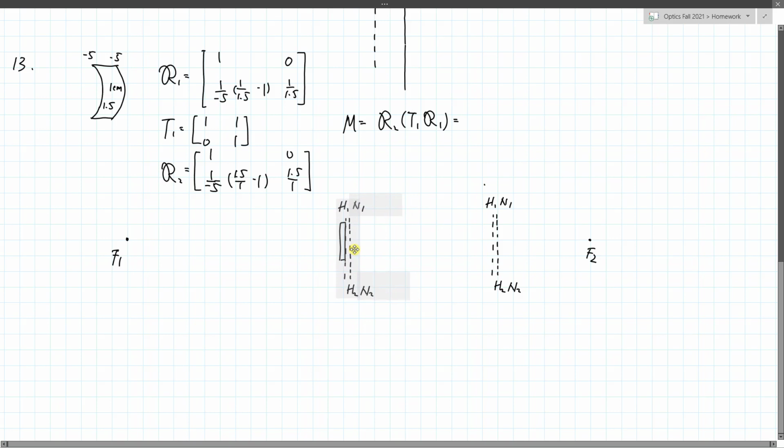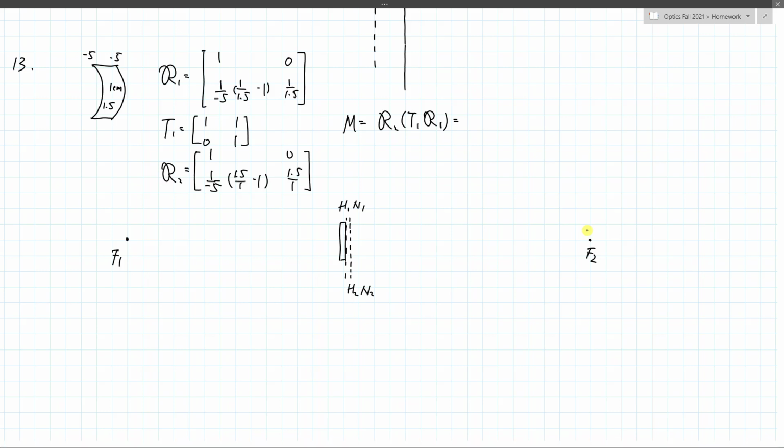So let's offset this a little. Okay. So this will make the distance from H1 to F1, distance from H2 to F2 exactly the same. I think if I do that, 10 centimeter, 10 centimeter, 10 millimeter, 10 millimeter.